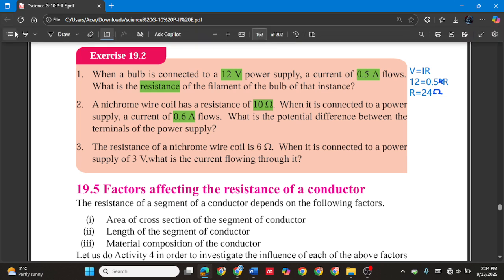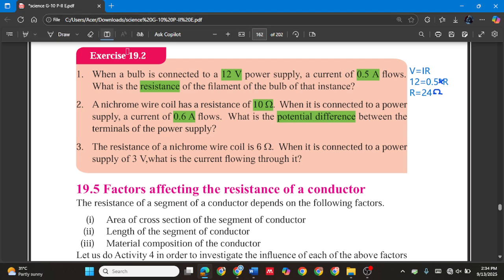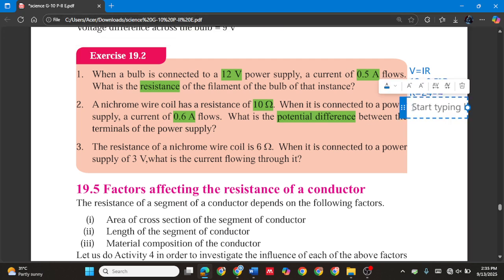What they are asking here is potential difference, that means the voltage. So we are going to continue writing the equation here: V equals IR. In the next row we don't have V, that means the potential difference.